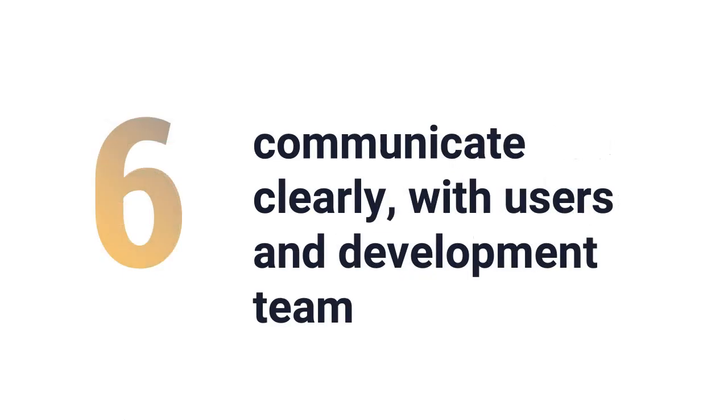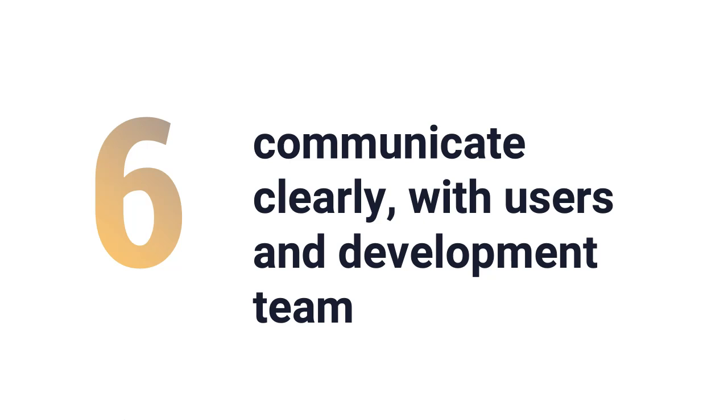Communicate your approach to flexibility clearly, both to your users and your development team. Be transparent about why you're building in flexibility, or why you're not, if you've chosen a more focused approach. Explain the implications and how it might impact the user experience or the development process.